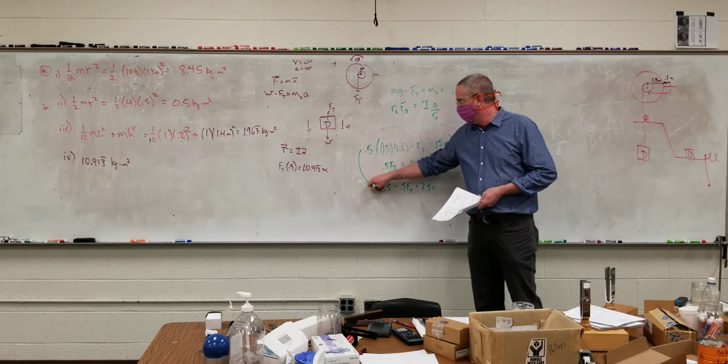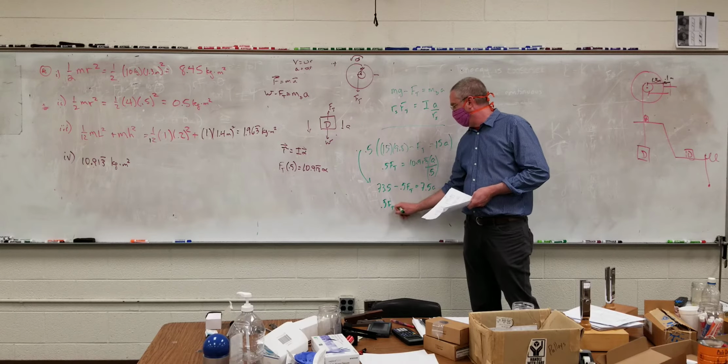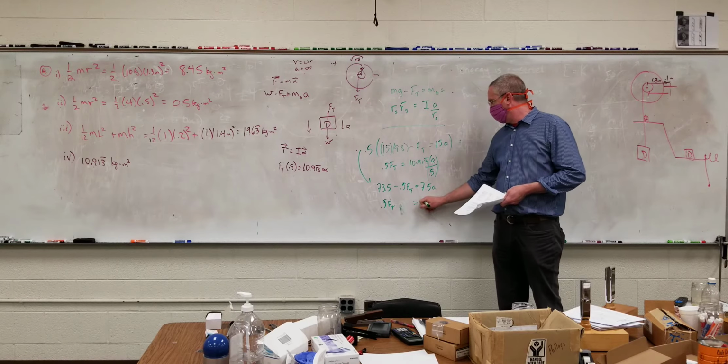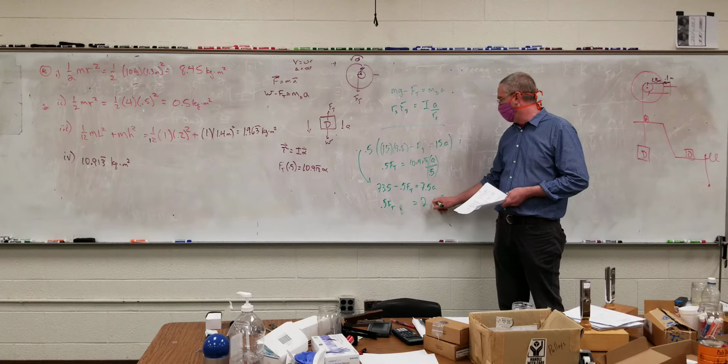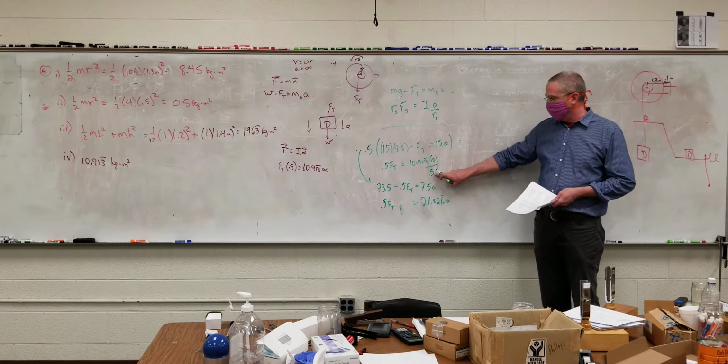That's this first one. The second equation, I get 0.5 times the tension is equal to 21.826 times a, basically that divided by 0.5.